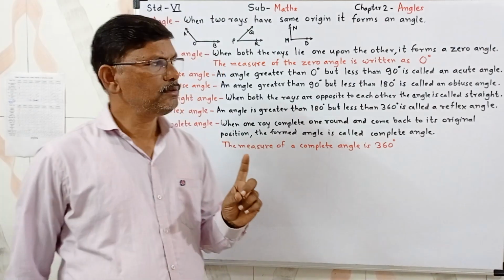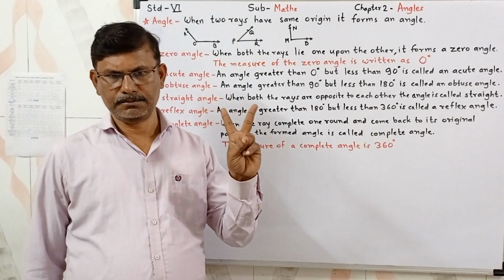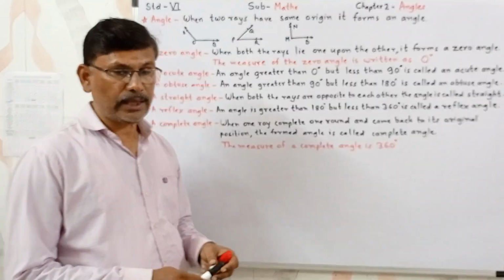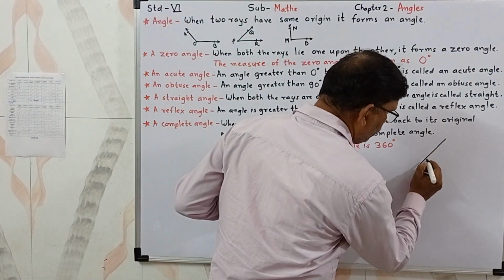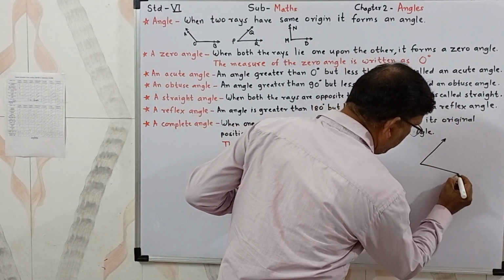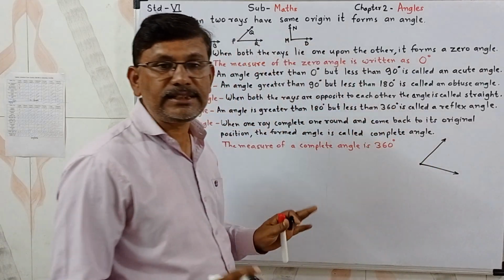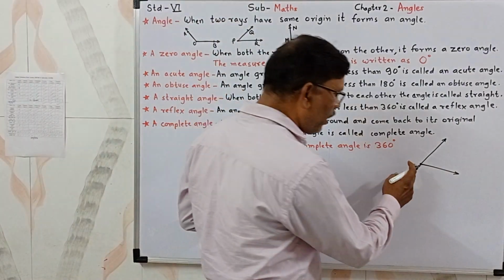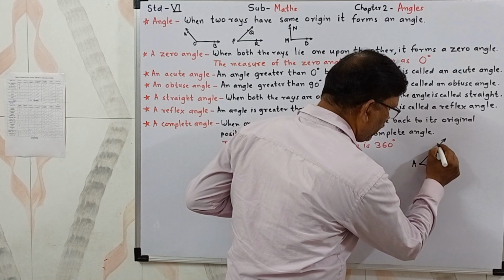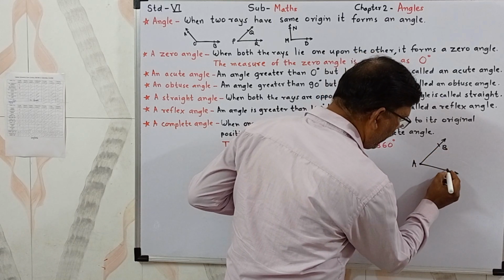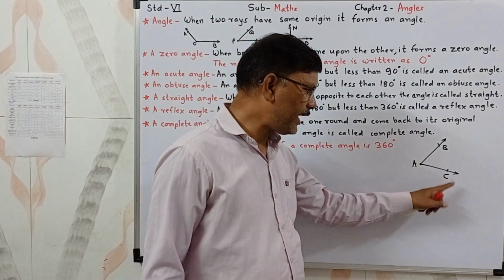Angle means an angle has two rays, but their origin is the same. Listen: ray AB and ray AC.